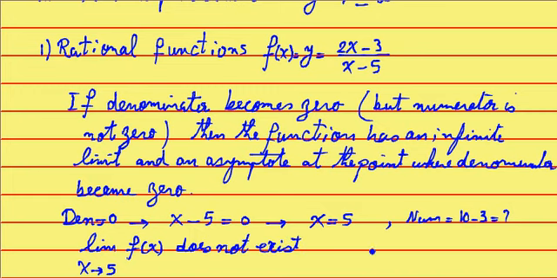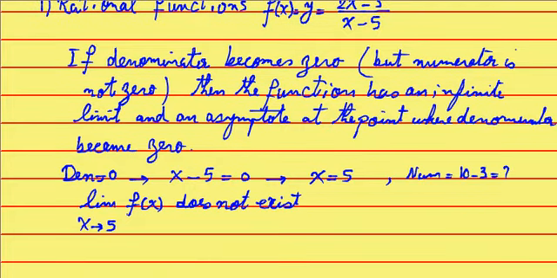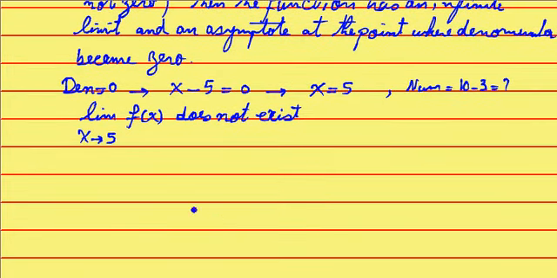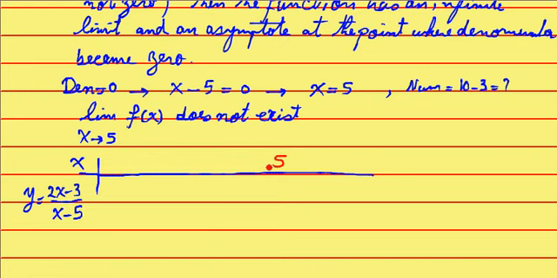Now if you want to specify this a little bit better, we go back and make a table for this. Here's x, here's y, which was 2x minus 3 over x minus 5. Our target point for x is 5. We want to come close to 5. We pick numbers on either side. For example, I could start at 4 and 6 on either side.